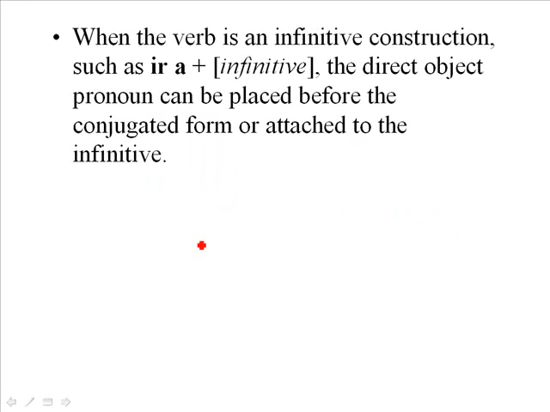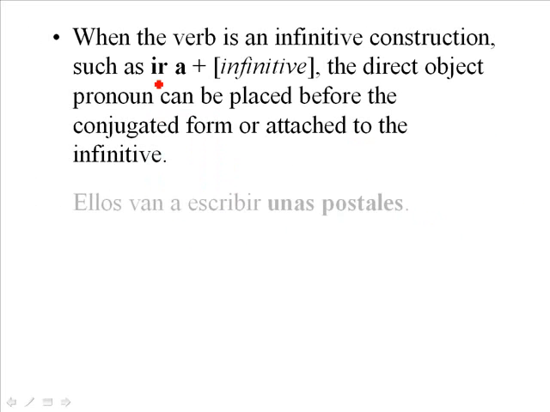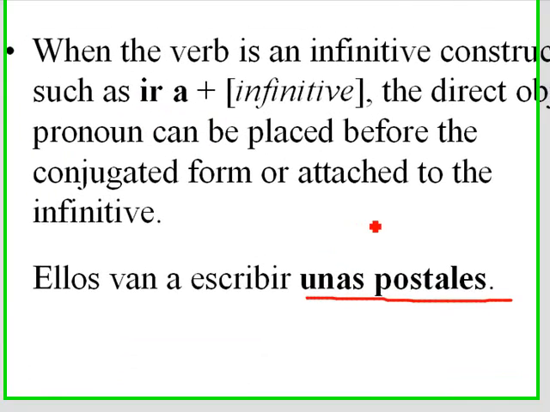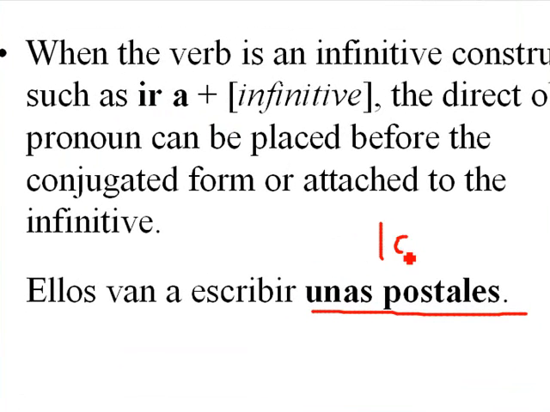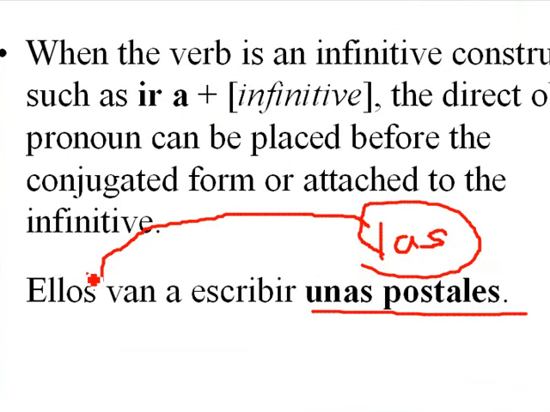Now, last semester we talked about reflexive verbs. Remember that reflexive pronouns had the choice to go before or after the verb phrase when the verb phrase ended in an infinitive. For example, ellos van a escribir unas postales. We know unas postales can change to las. Now this las we're going to put before the verb phrase.